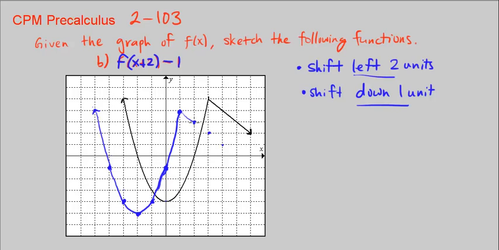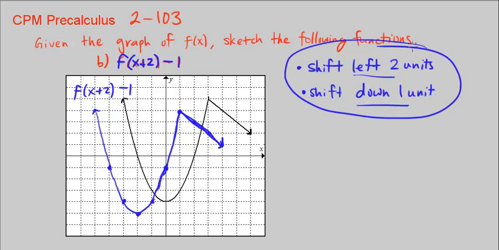Okay, so this region right here. Okay, this is now in blue, f of x plus 2, quantity minus 1. That's the graph here. And again, it's the original graph shifted left 2 units and down 1 unit.